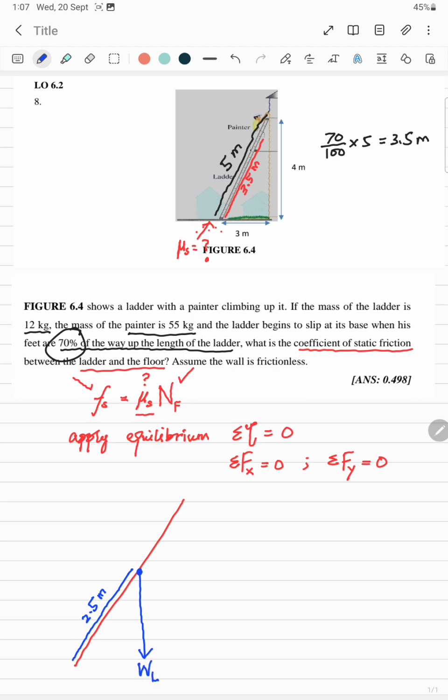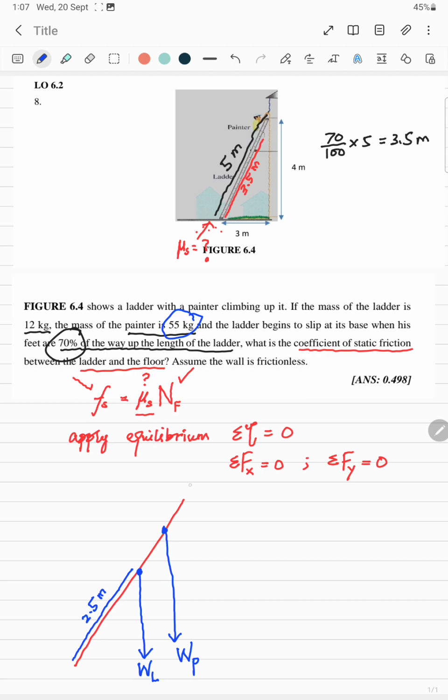Then, because we have the panther with a mass of 55 kg, and the panther is 70% of the way up the ladder, at a position of around 3.5 meters, we have the weight of the panther, WP.